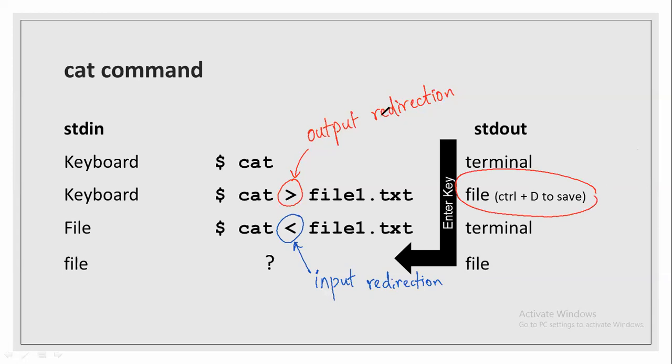If you are redirecting your output into a different location, then we call it output redirection. Using the greater than sign, the output redirection operator, I can change my standard output.